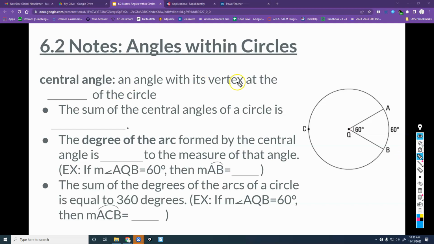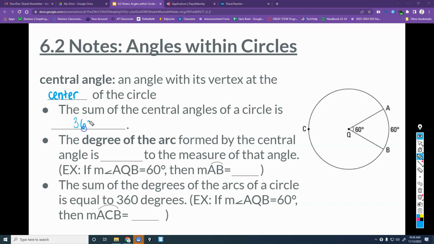Here, a central angle is an angle with its vertex at the center of the circle, and that should make sense. It's kind of in its name, right? So the sum of the central angles of a circle is, if I went all the way around the circle, how many degrees do I have in a circle? 360, right?